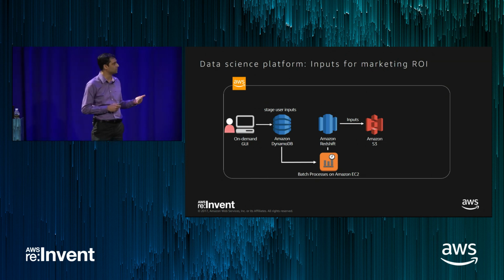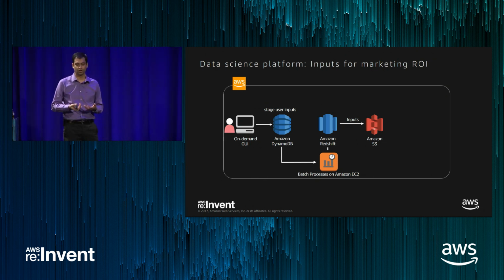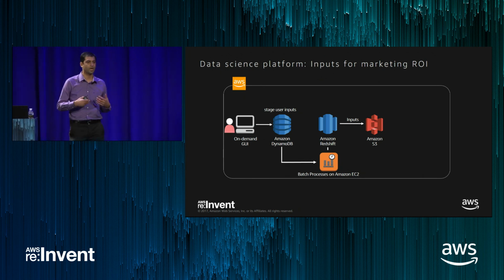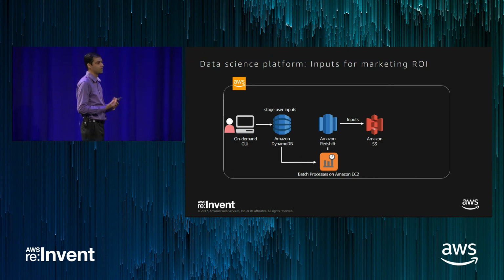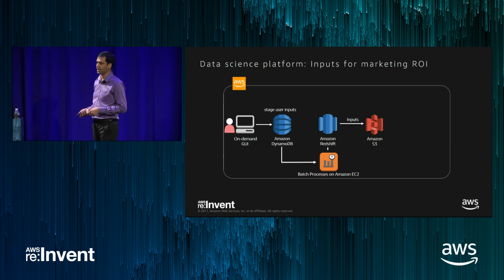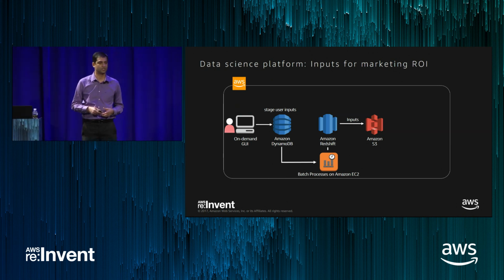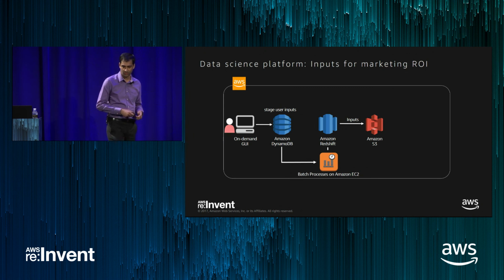On the left-hand side, you see a user interface where any marketing end user would come in and submit the request, with basic parameters such as what is the marketing campaign that they want to analyze, when was this campaign run, and specific criteria on how we match on downstream outcomes.